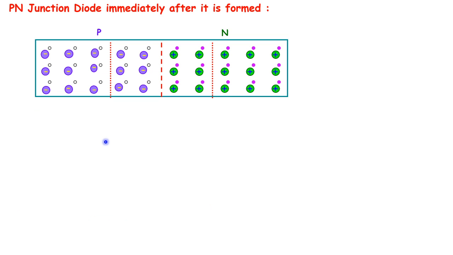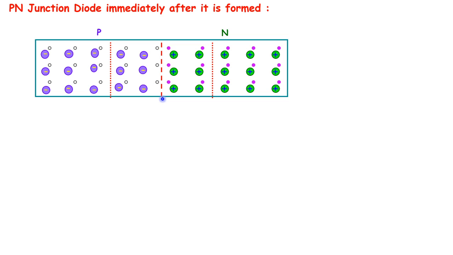Now, immediately after the PN junction diode forms, how the depletion layer is formed, that we are going to discuss here. This is a p-type semiconductor and this is an n-type semiconductor, and this is the junction of the n-type and p-type semiconductor. At the junction, what happens?